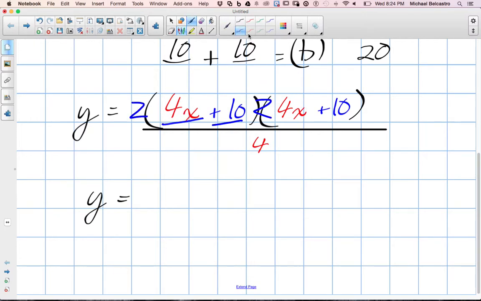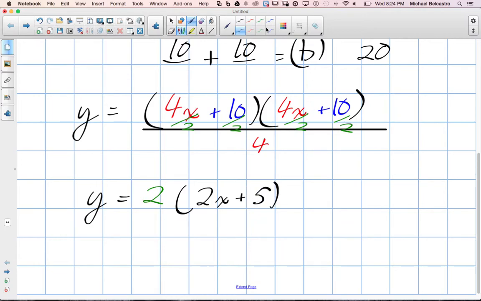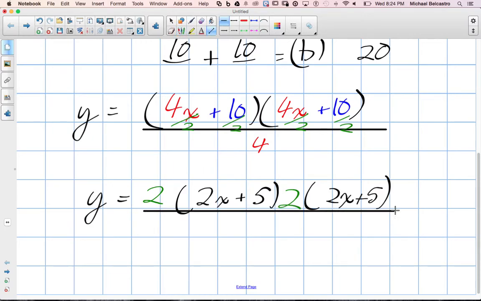So we have 2 bracket, 4x divided by 2 is 2x, and then 10 divided by 2 is 5. Then we just repeat that on the other one because the brackets happen to be the exact same. So 2x plus 5, still all divided by 4.